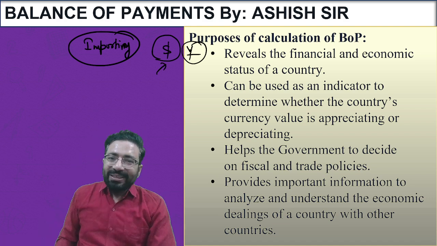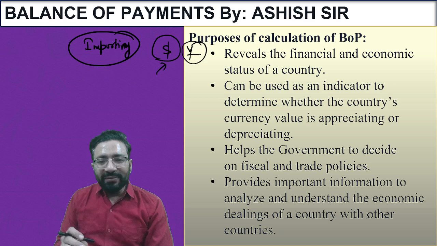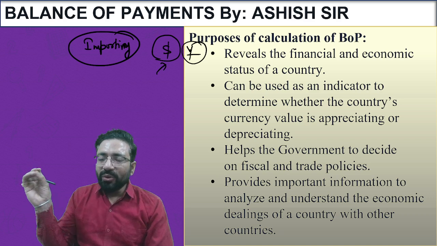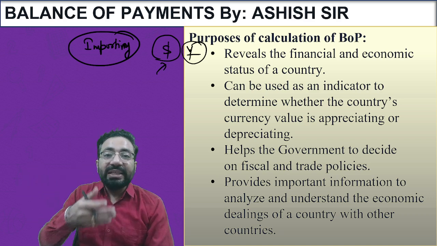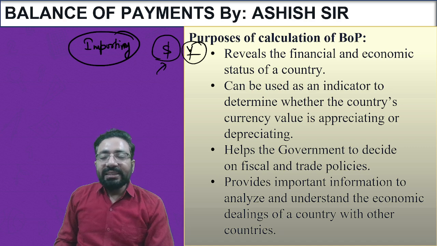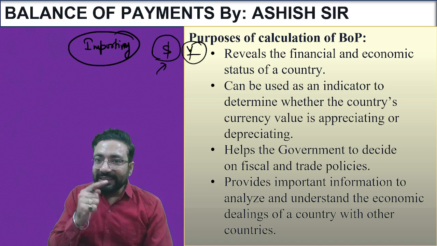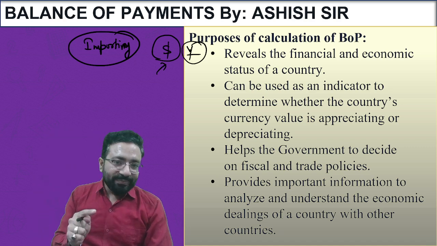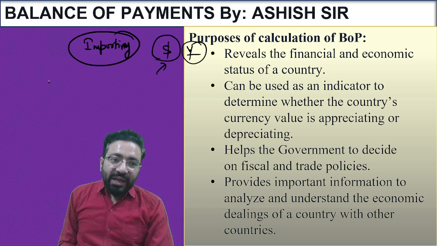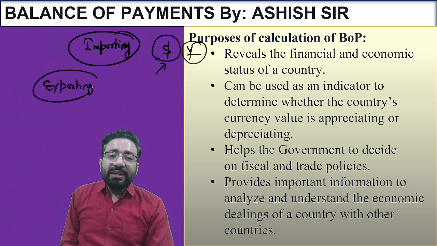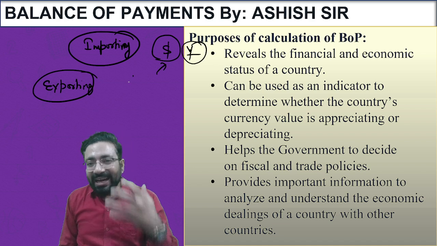As we know, a simple concept of economics, whenever we demand something in a larger quantity, it will create a rise in the value of that particular thing. It will raise the level of that currency. If we are exporting in a good quantity, the rest of the world will have to purchase our currency.